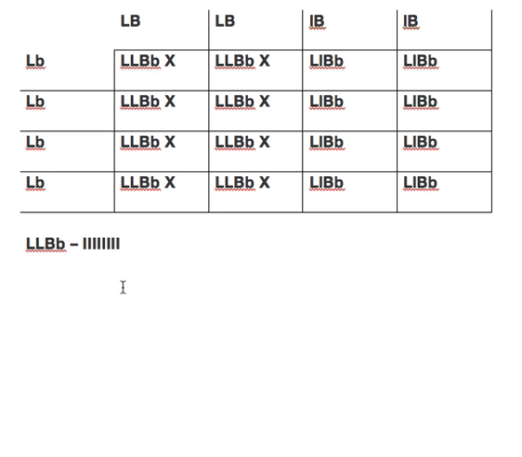Okay, so far I've double checked everything, and I have a total of 8 out of 16 chances that my offspring will be big L, big B, little b. 8 out of 16, if you know your math, is 50%.